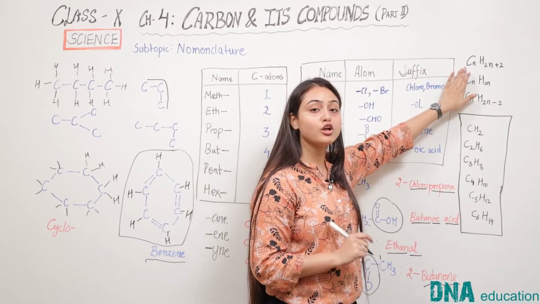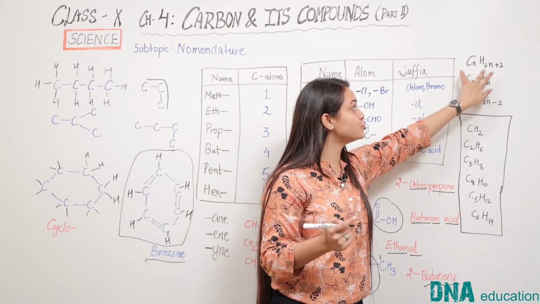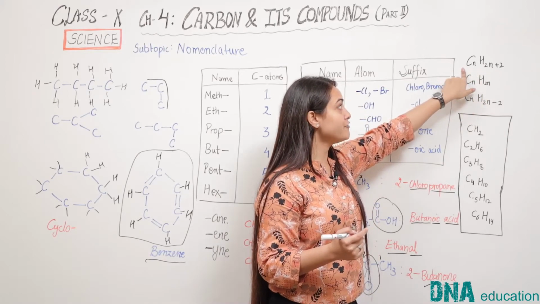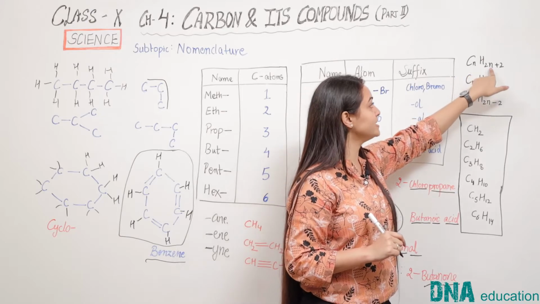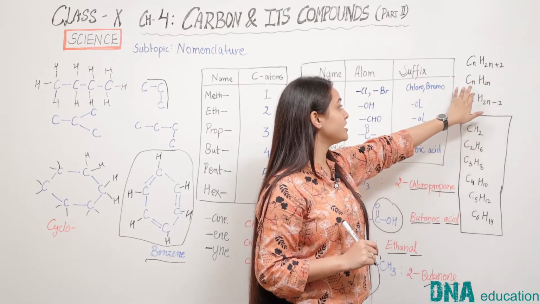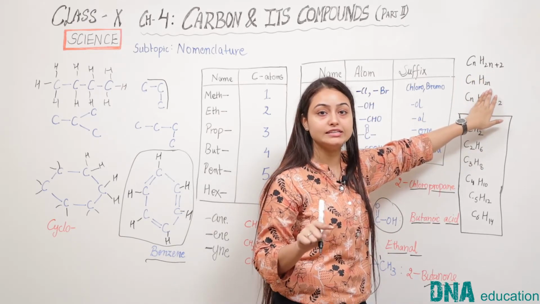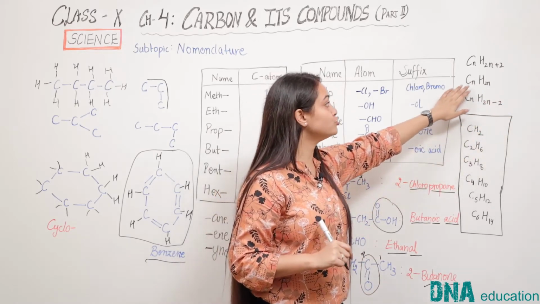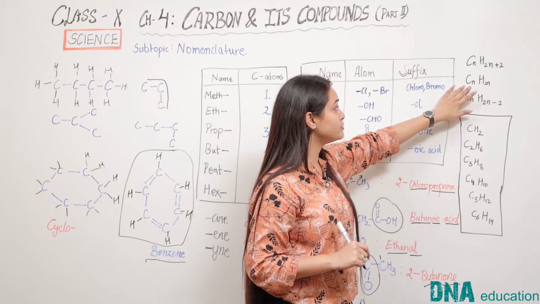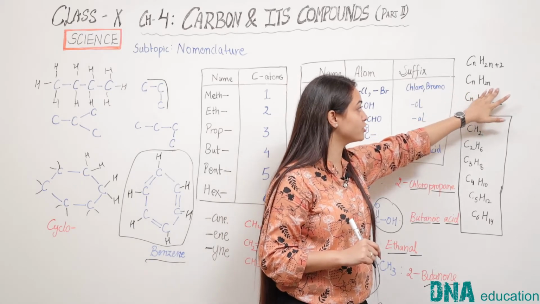This is the formula for alkanes, CnH2n+2. For example, if I have 2 carbon atoms, then it will become C2H6. Similarly, this is the formula for alkenes, that is CnH2n. For example, if I have 2 carbon atoms, then the formula will become C2H4.